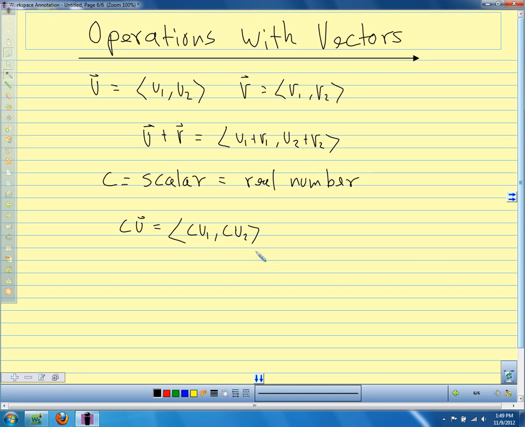So I just multiply each component of the vector by the number. What this gives me is a vector in the direction of u that is this many times as long. I just make the vector this many times as long.